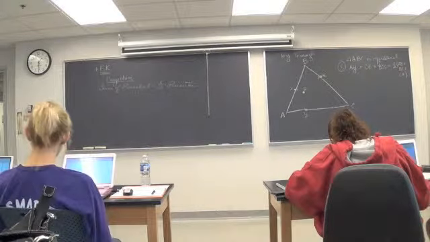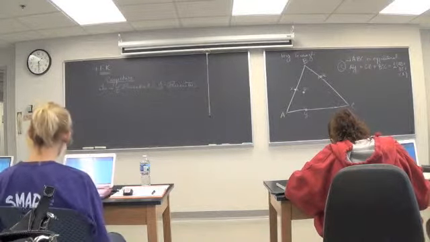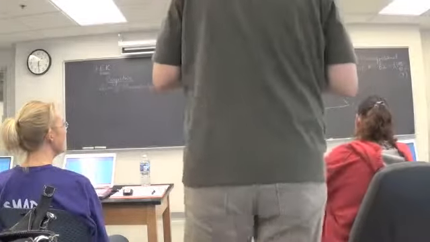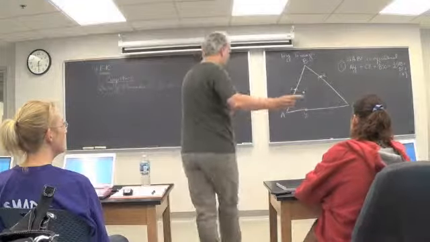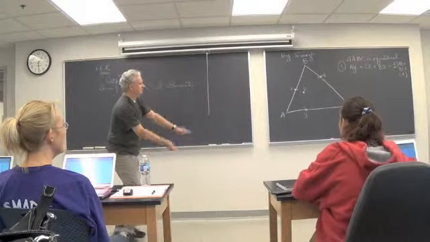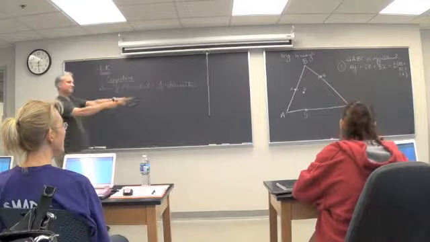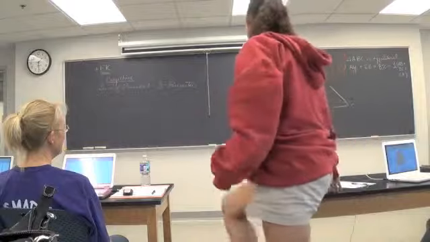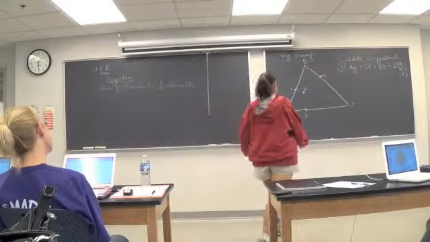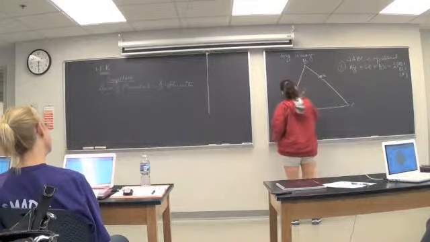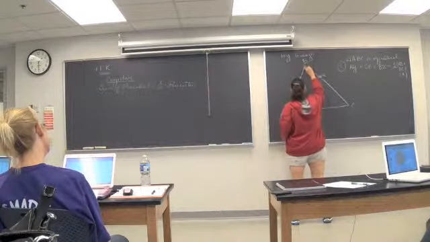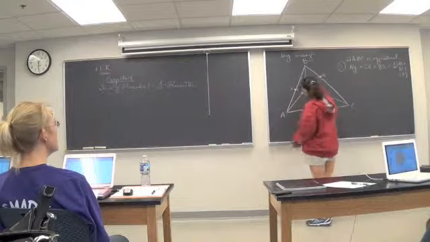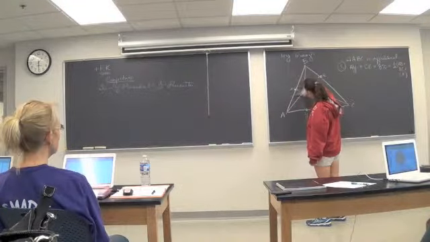Okay. I'm done. Talk to me about some things that you know from the picture. I could draw a line from D to A, and D to B, and D to C. This triangle is sort of congruent.